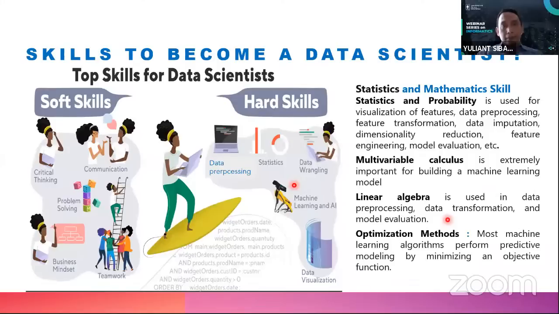The first skill is statistics and also mathematics skill. In other resources, we can find that not only statistics is needed to solve problems in data science, we need mathematics skill too.